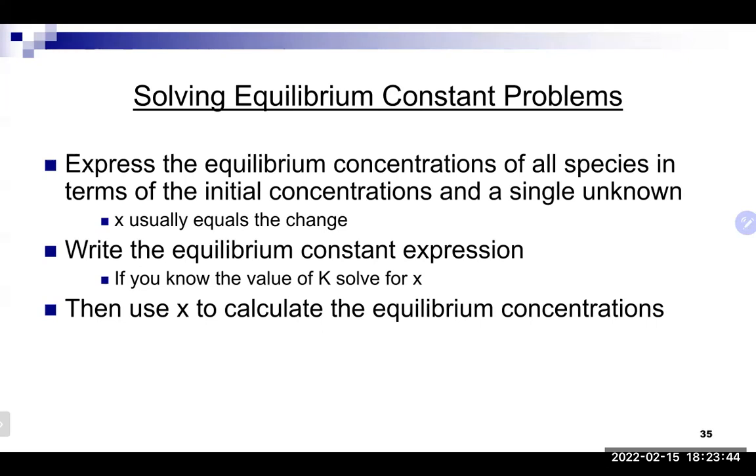To calculate equilibrium concentrations or even equilibrium pressures, we want to leave only one unknown, since it's a lot easier in math with one unknown. The unknown that we usually solve for is X, which represents the change. The way we approach these problems is with what are referred to as ICE tables.